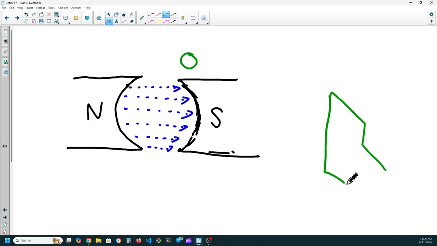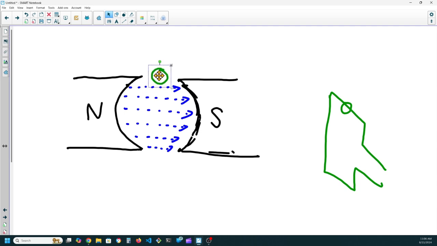All right. So here's my loop of wire. And I'm going to just concentrate on this one loop of wire right here. Here it is. This is the wire. And I'm going to rotate it in this magnetic field. I'm going to take this conductor, and there's another one down here. There's two of them because here's one and here's one. I'm going to rotate this through this magnetic field.